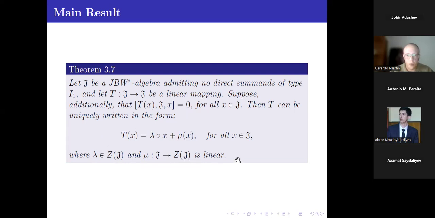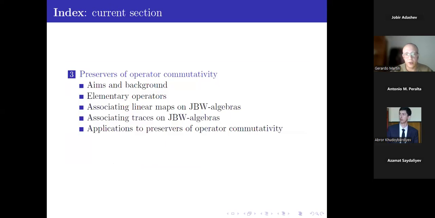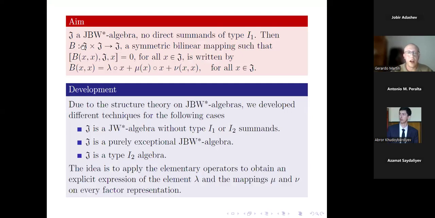Now, we extend our study to associating traces on GB-star algebras. As in the previous part, our aim now is to consider a GB-star algebra with no direct summands of type I1, and B a bilinear symmetric mapping such that for every element x, the trace of this map is equal to 0, that is, the associator is 0 for all x.